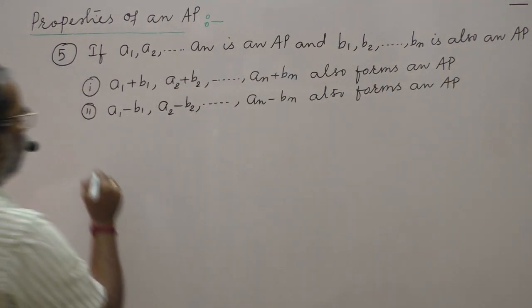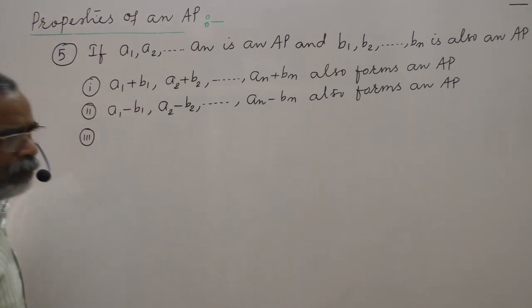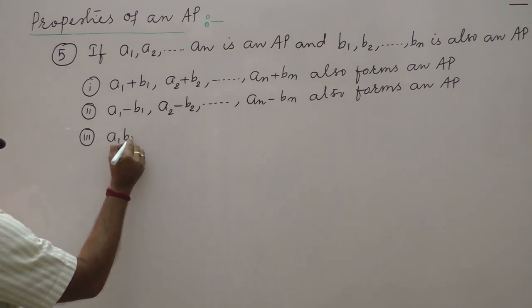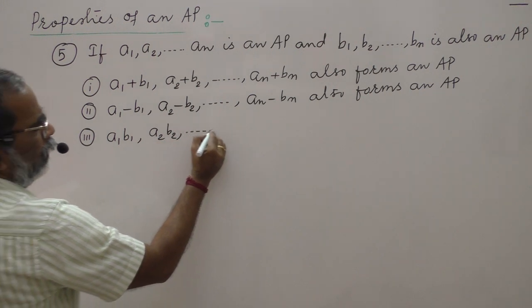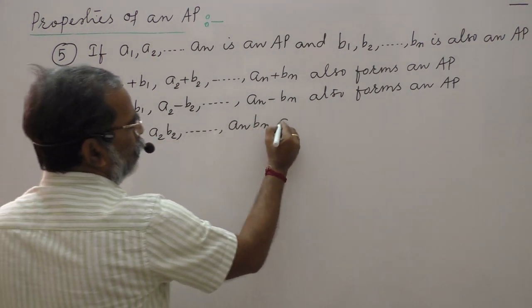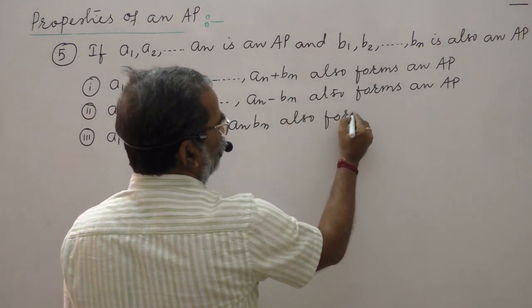Similarly, number 3. If you take the product of corresponding terms, that is A1B1, A2B2, A3B3, etc., ANBN, this series also forms an AP.